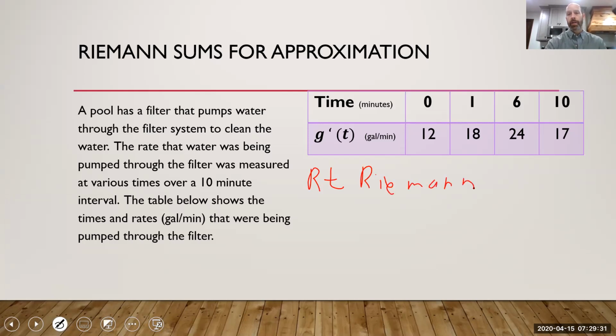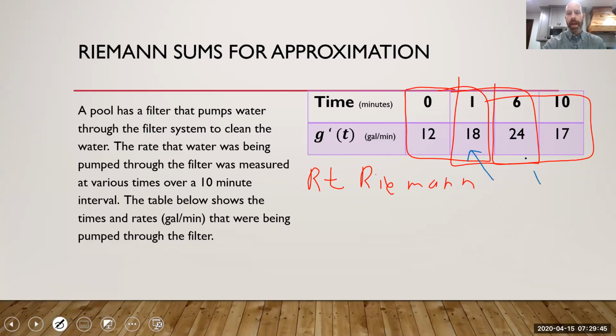So that means we're going to measure on the right. So we have 1, 2, 3 rectangles that we're going to do. And remember, since we're measuring on the right, we need to take the right-hand side of each of those rectangles for their height. The area of a rectangle is base times height.